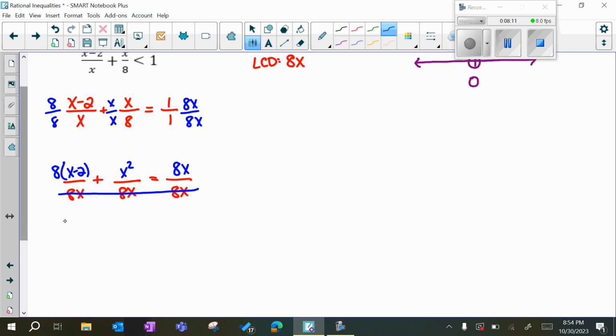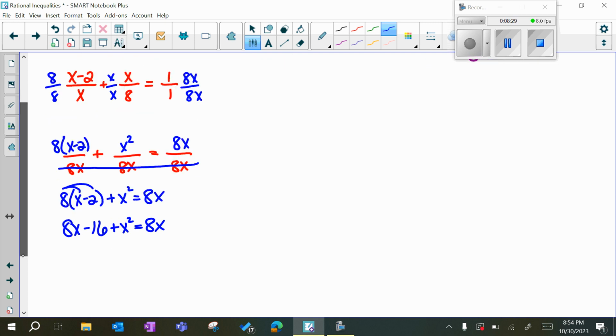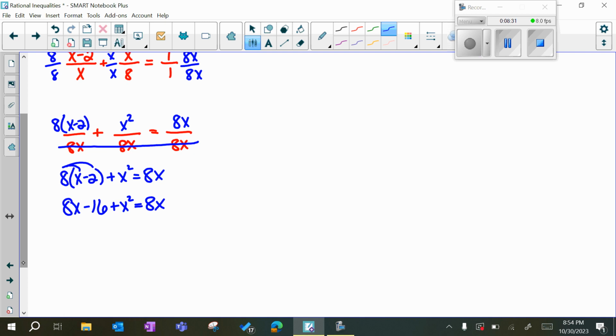So my new equation is 8 times x minus 2 plus x squared equals 8x. So I have 8x minus 16 plus x squared equals 8x. Anytime I have a squared or a quadratic, I want it equal to 0 and in standard form so I can factor this.